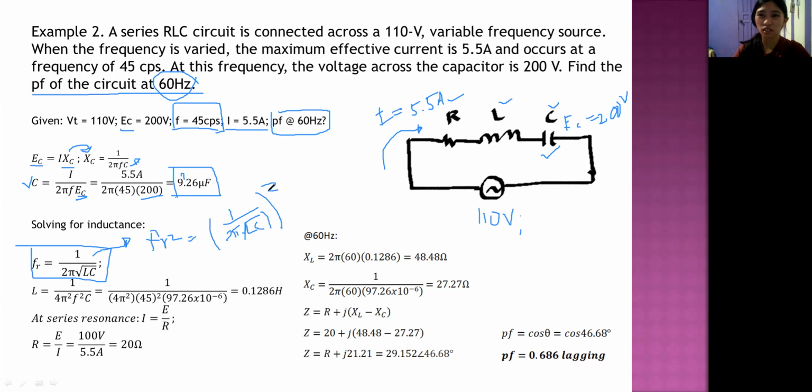You can just expand it, and then you'll get this answer. So it's just rearranging the equation. So the inductance equals 1 over 4 pi squared times f squared times the value of the capacitance.